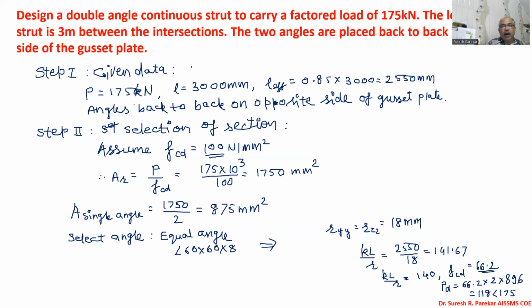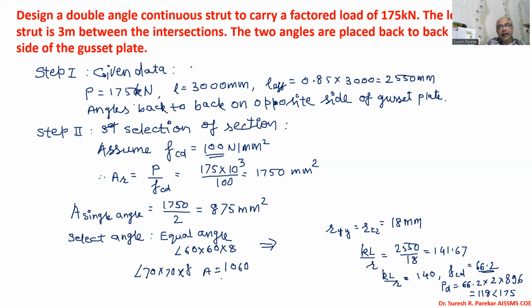Then we can go to a higher section. So now I will consider angle 70, 78. The area of this is 1060.